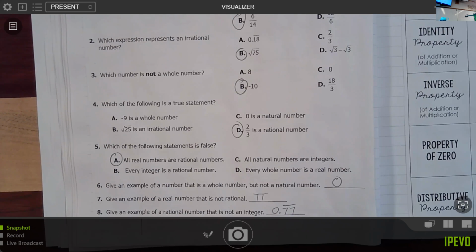If it's an integer, you would write I and Q. Correct. Yep. Only three of them. And irrational is all by itself, so irrational is only true.